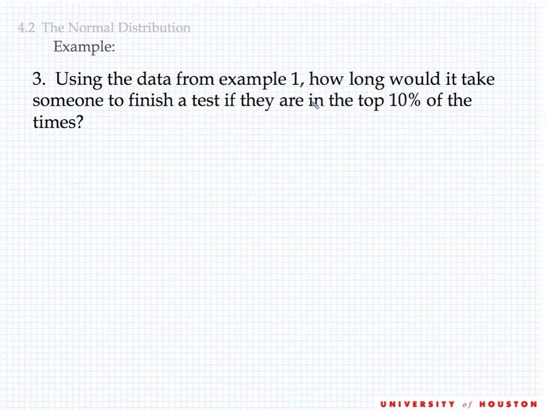So from example 1, I want to know how long it would take to finish the test if they're in the top 10%. Now in the top 10% would look like this on my curve. This probability right here would be 0.1.